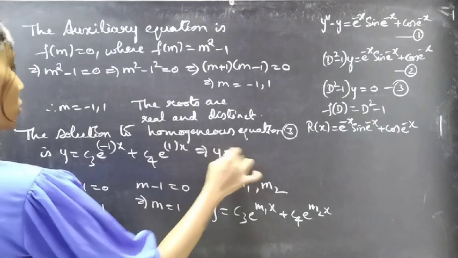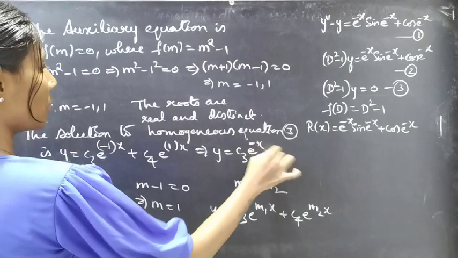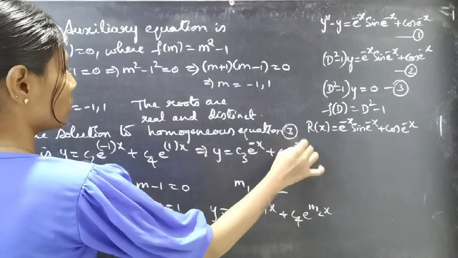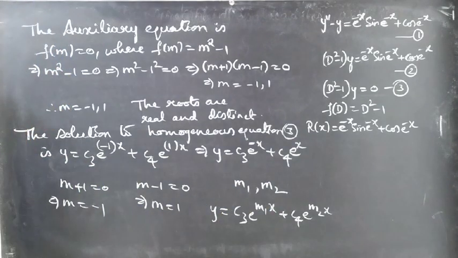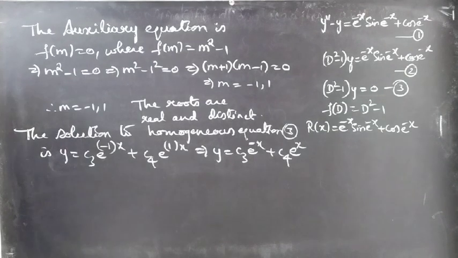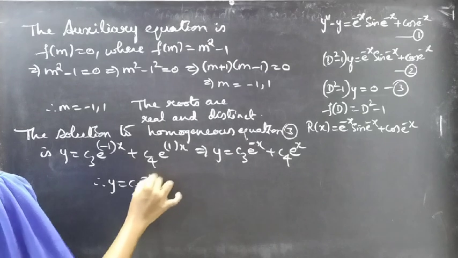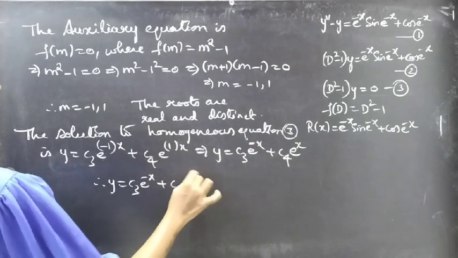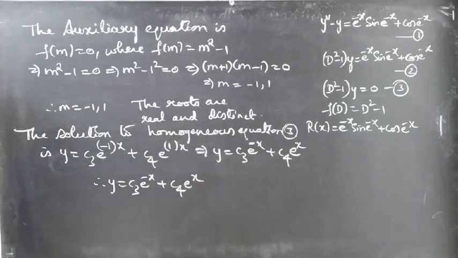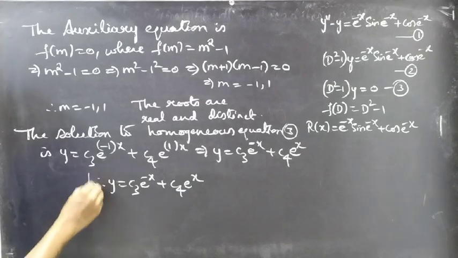This gives us y equal to C3 e power minus x plus C4 e power x. Therefore, y equal to C3 e power minus x plus C4 e power x is the solution to the homogeneous equation.